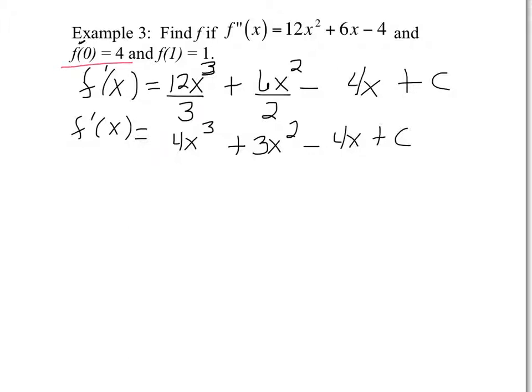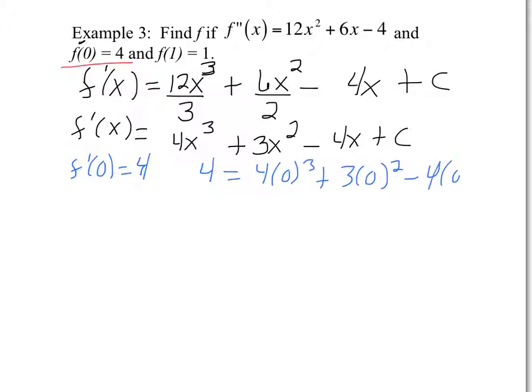So we're just going to simply plug that in. So f prime of 0 should equal 4. So in other words, if I plug zeros into this, I'm going to get my c.